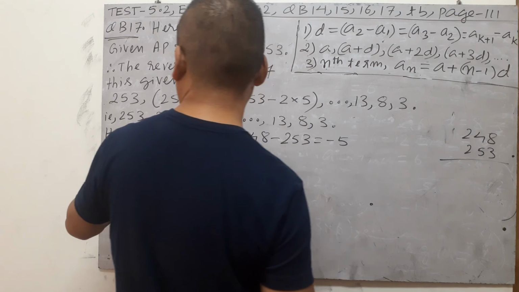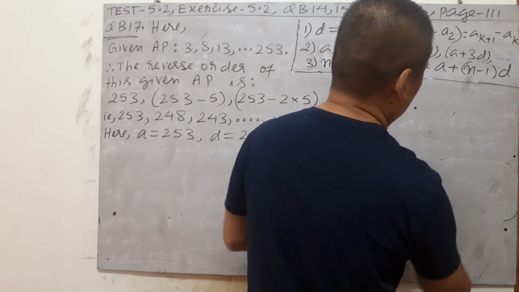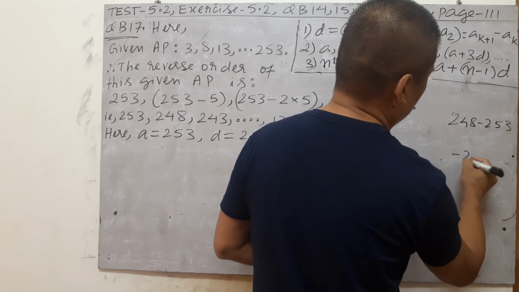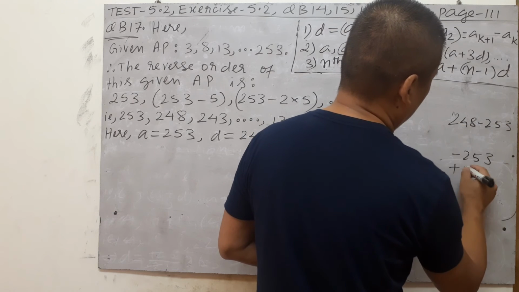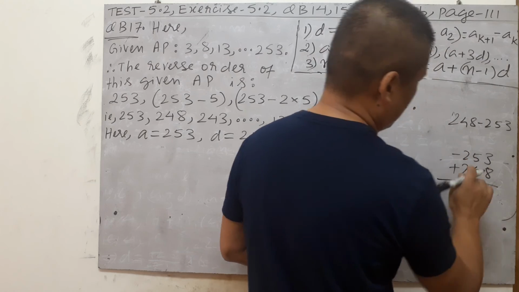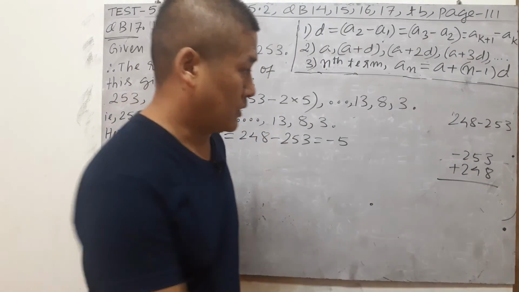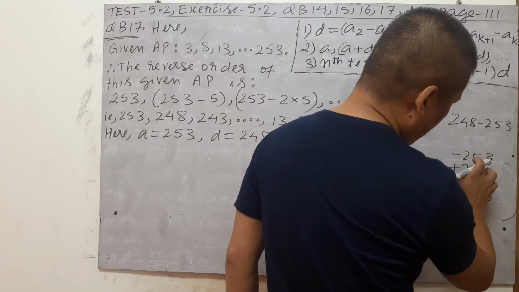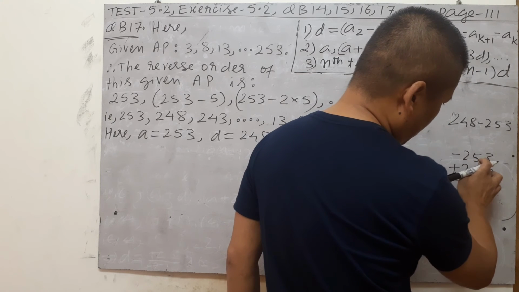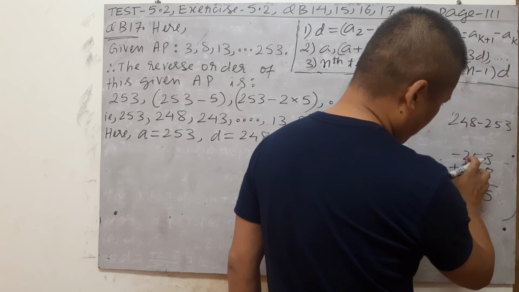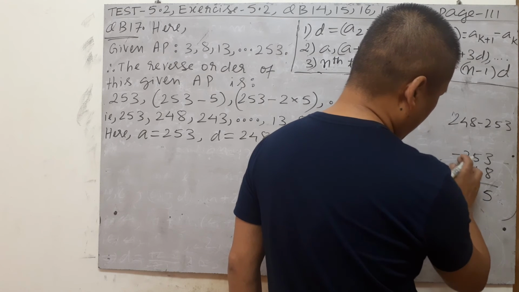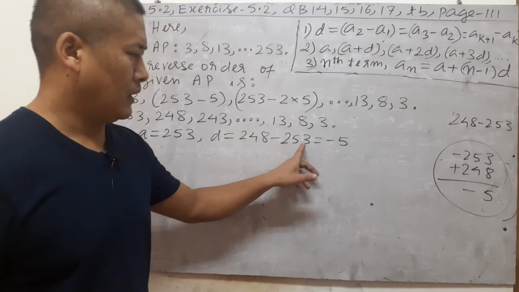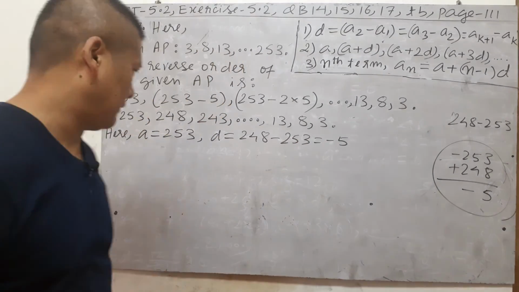The bigger one is 253, so the sign goes with it, and this is plus 248, so minus plus means subtraction. 13 minus 8 is 5. So 248 minus 253 is minus 5.